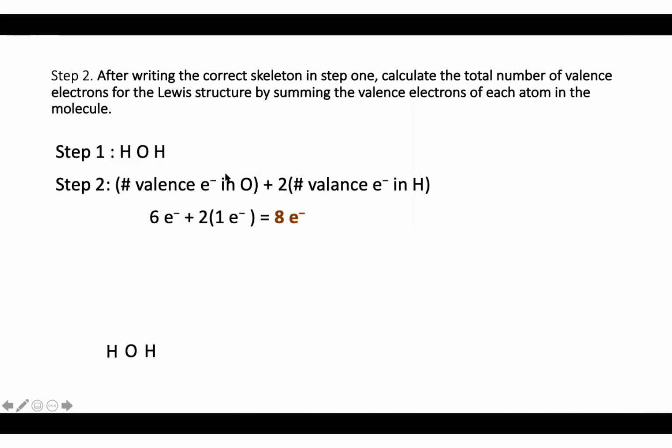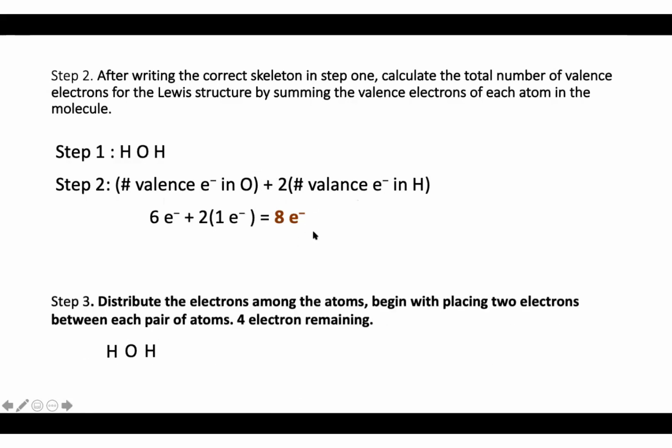The valence electrons in oxygen are 6, and then we have 1 valence electron in each hydrogen, so 6 plus 2 is 8 electrons. You might ask, how do you know the valence electrons in oxygen is 6? Because oxygen is in group 6A, that's why it has 6 electrons. When we add them up, it's 8 electrons.